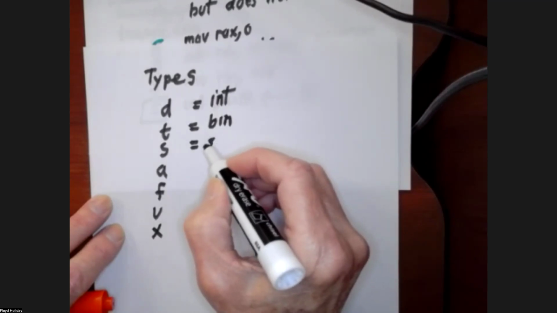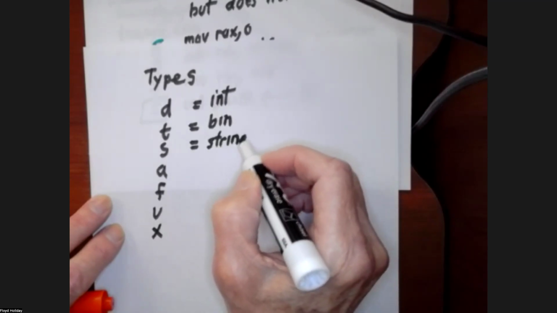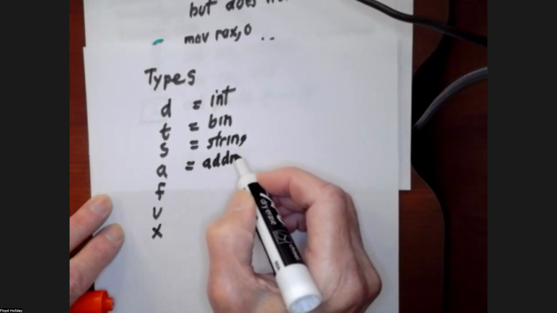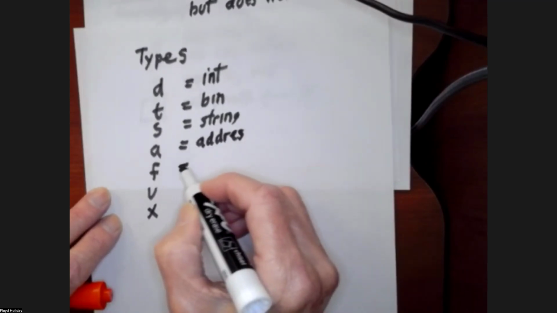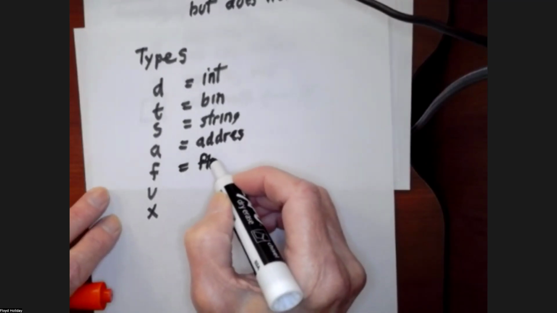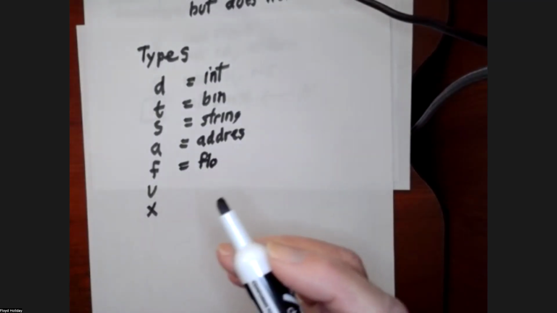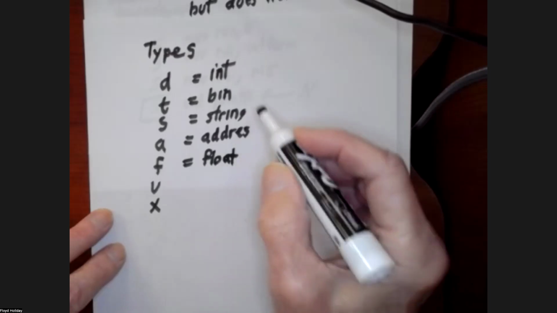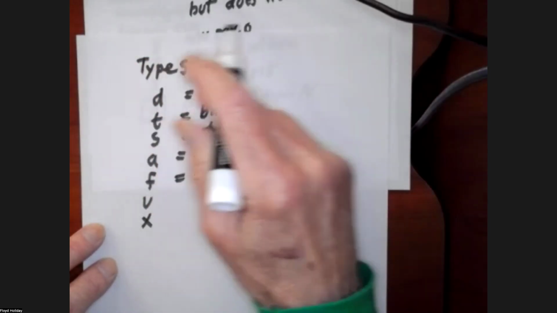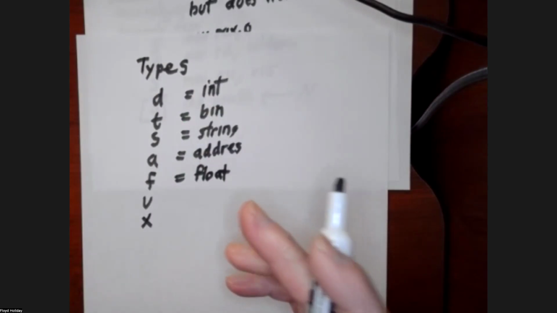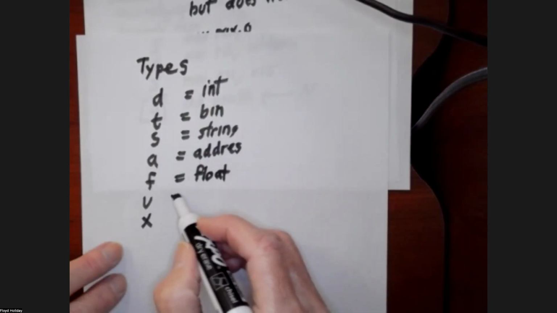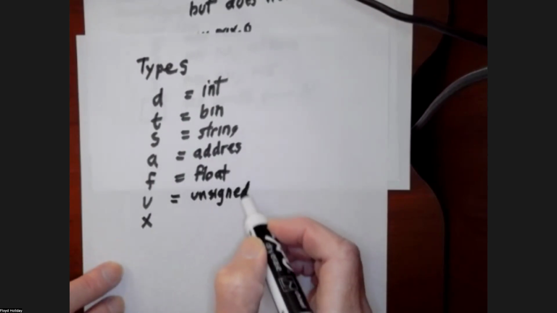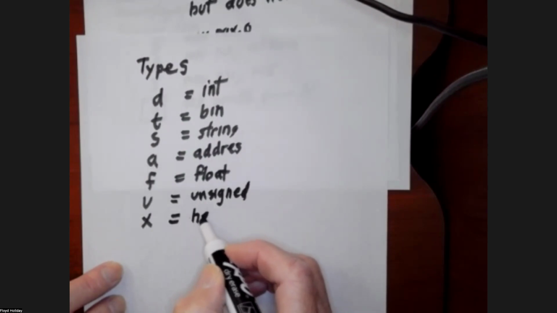S is string. I'm not sure what A is used for, but they call it address. F is float. It's float without regard to size. It doesn't specify 64-bit or 32. Same thing for the integer back here. That D could be used with 64-bit integers or 32-bit integers. U is unsigned integers. And X is hex.